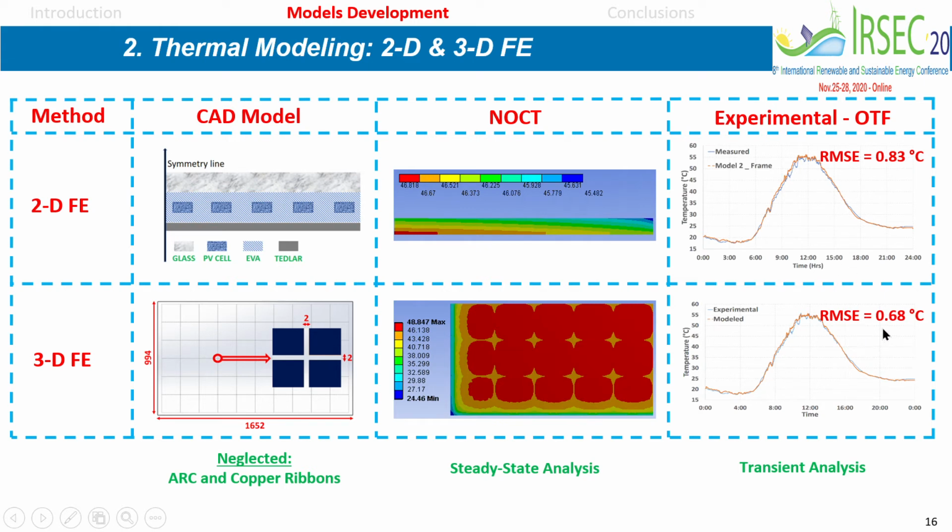So 3 dimension is a little bit more accurate, but we don't need to go there because it's computationally heavy and expensive, and I think the 2-dimensional is more than enough in this case.